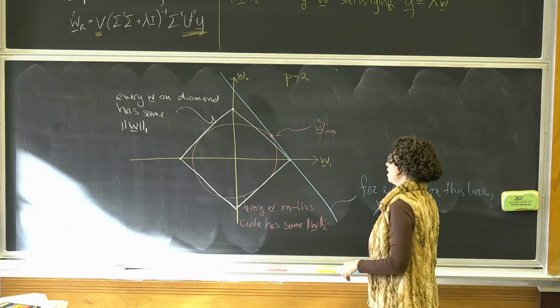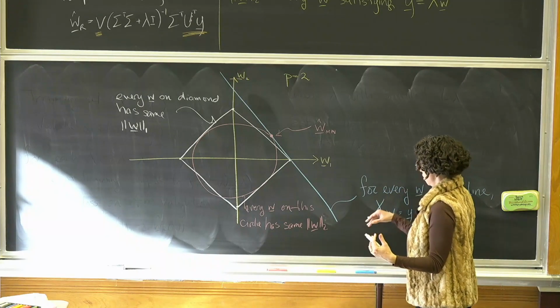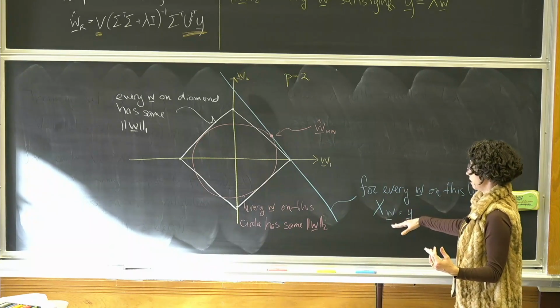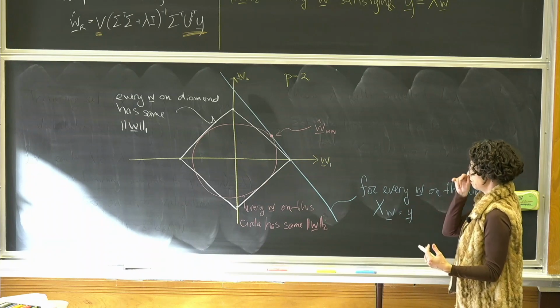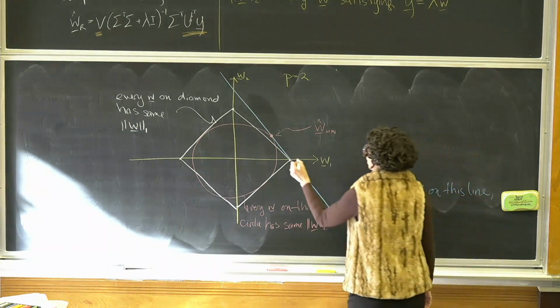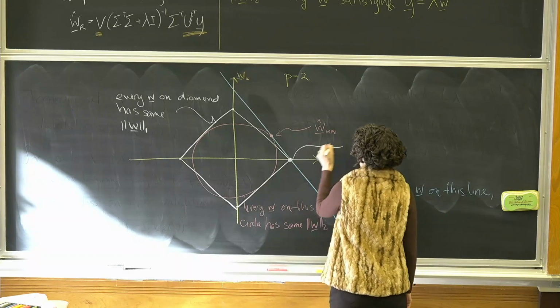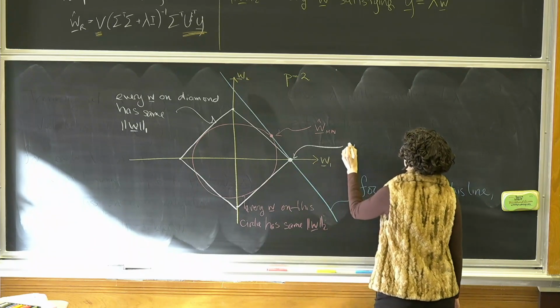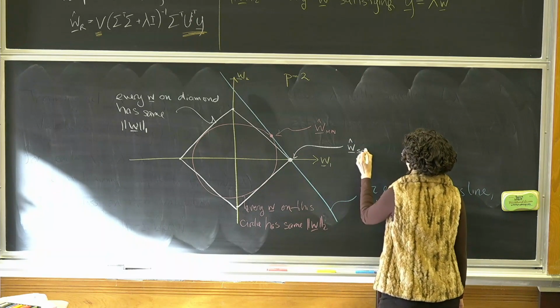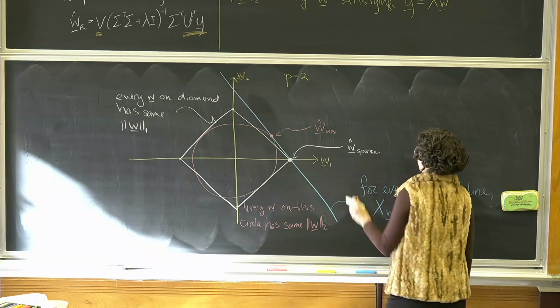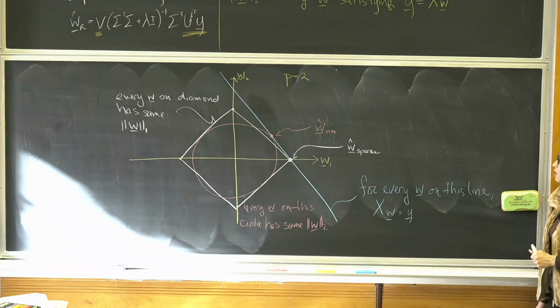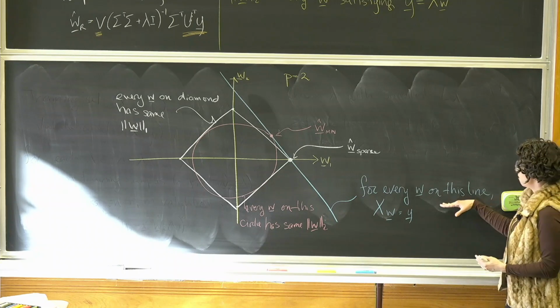And so if I say, among all of the possible weights that fit my training data, I want to choose the one that has the minimum L1 norm, then I would choose this one. So this would be my W hat. Let's call it sparse, because that's how I've been referring to it. So depending on the norm that I choose, I may be preferring different weight vectors that fit my data.